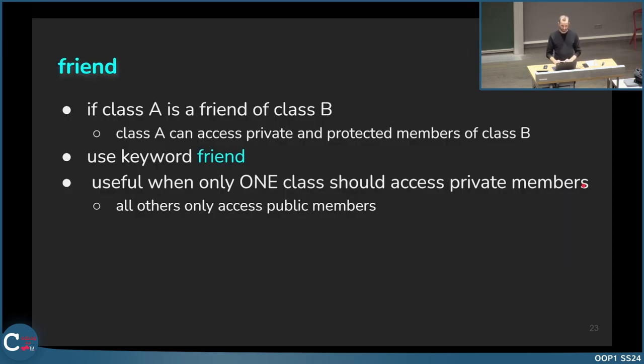In this case, you can make them friends, and this will allow you to access the private members, while all other classes and functions can only access the public members. So this is just like making an exception for one function or one class.